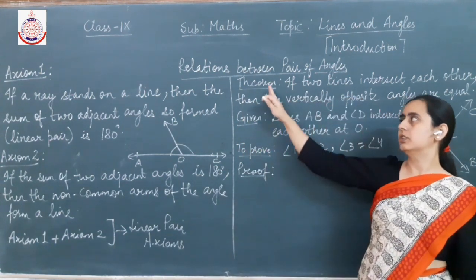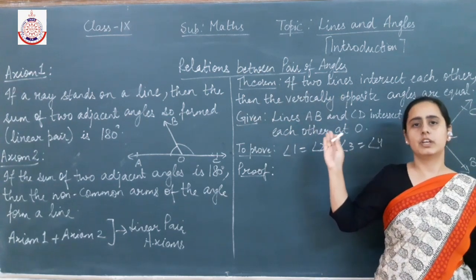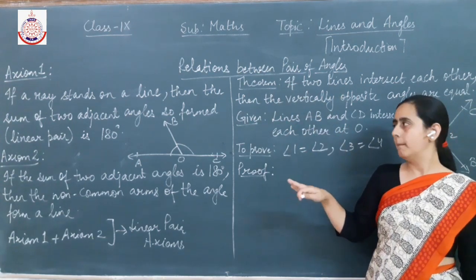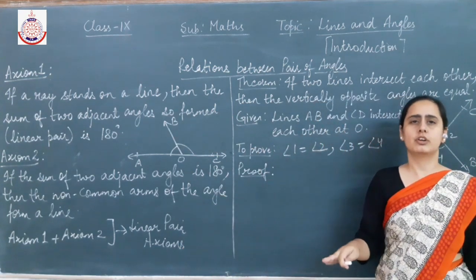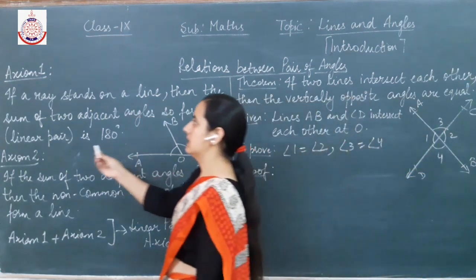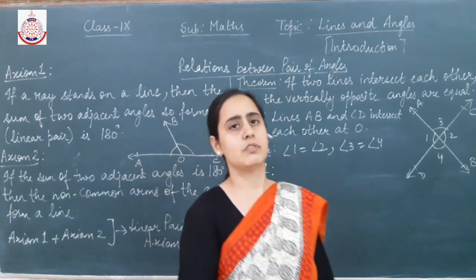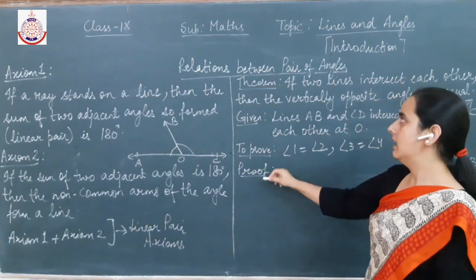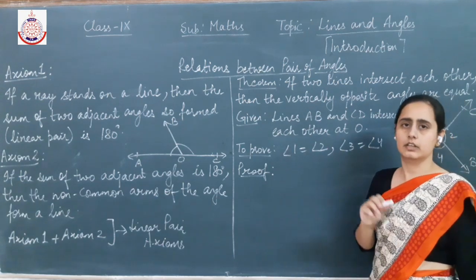Next we have theorem. A theorem is a statement, the result of which we can prove by using some axiom or some result of a theorem or any logic. Is the difference clear? Means there is no proof required for an axiom, the statement written in it, and in a theorem we have to prove the thing which is written.